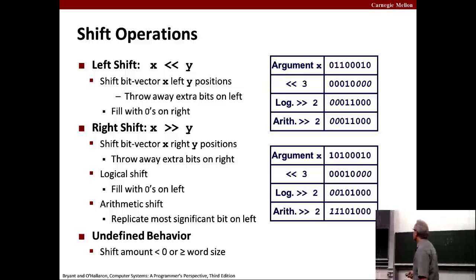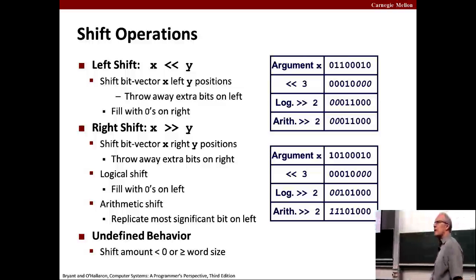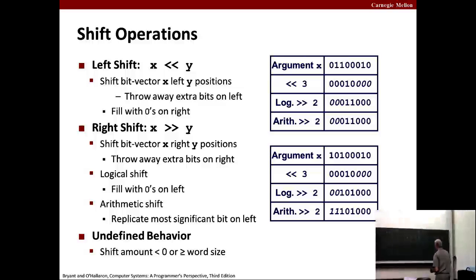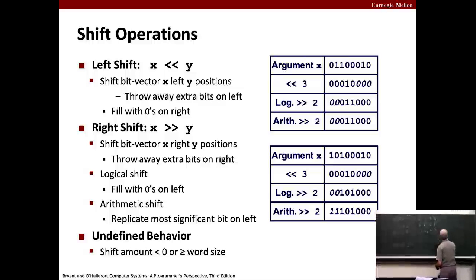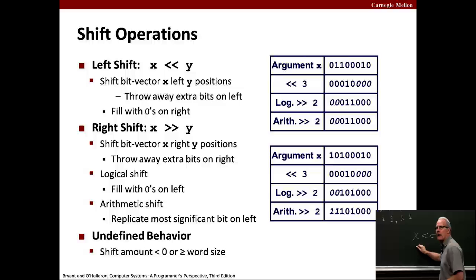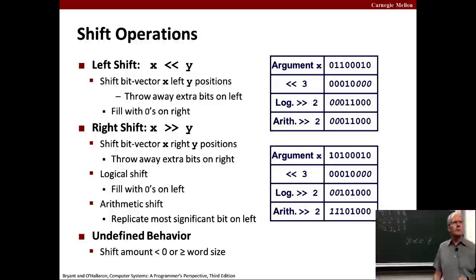The other thing that is kind of confusing to people is what should happen if you say, I want to shift an 8-bit number 8 positions to the left, and x is a single byte. What do you think you should get? 0? That would be a pretty logical thing.